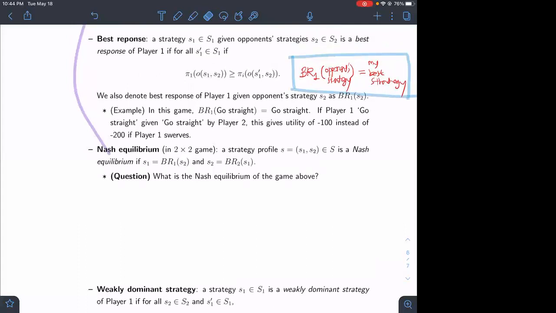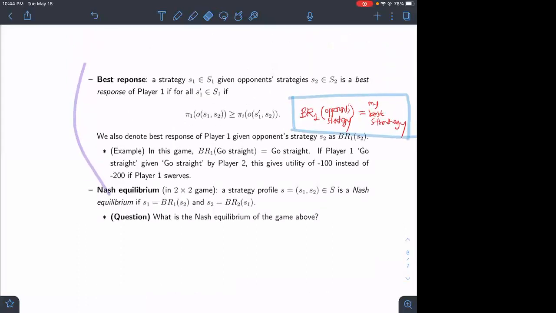Based on this definition of best response, now we are ready to define what the Nash equilibrium is. Nash equilibrium in one sentence is a mutual best response. So what is Nash equilibrium defined upon? It is defined upon a strategy profile.